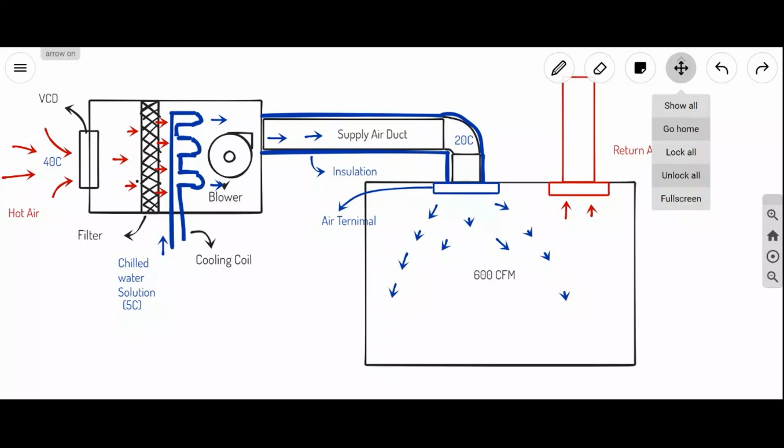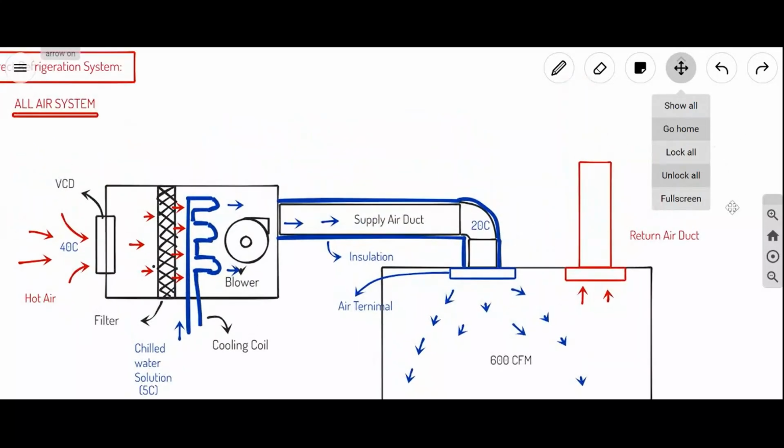You are talking about some advanced system. I am talking about the basic system. By using the return air.